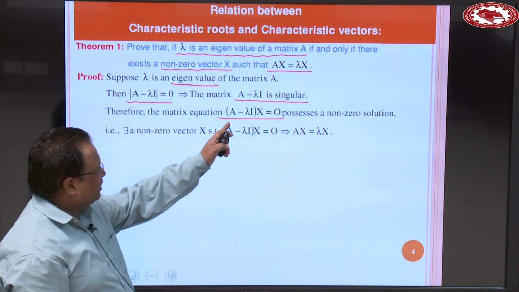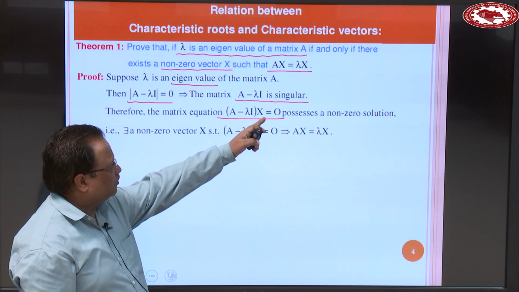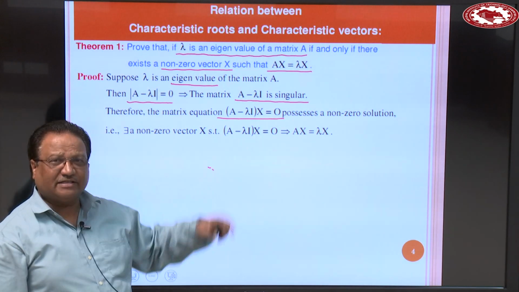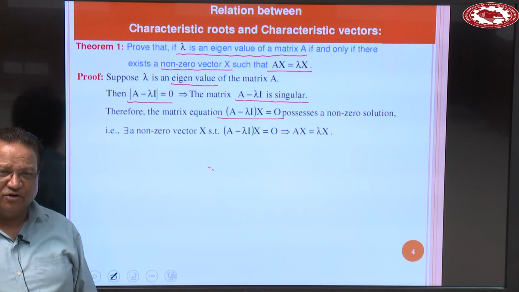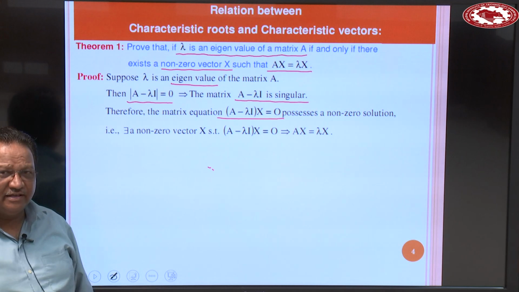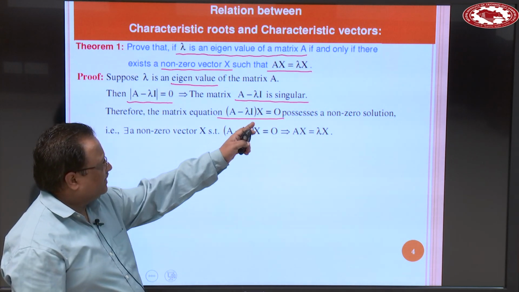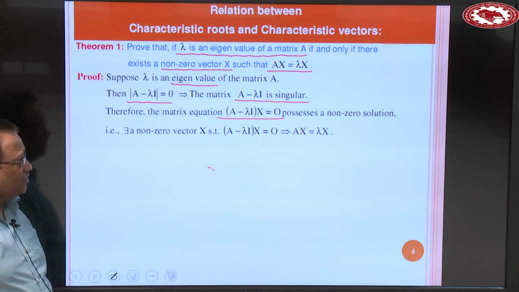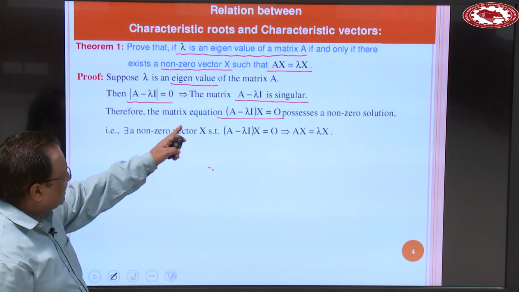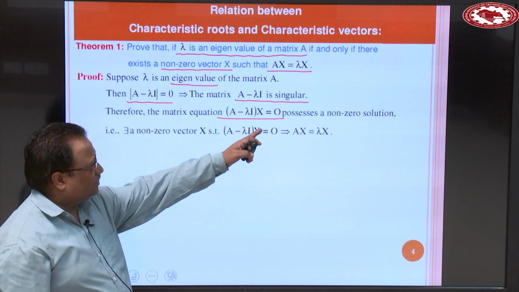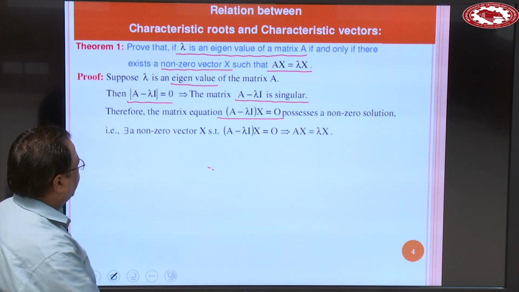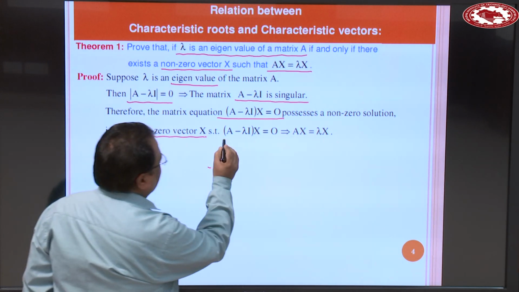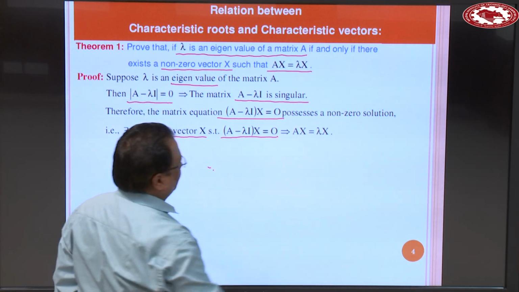This is a homogeneous linear system, so when you solve it, we get a non-zero value of x. This means there exists a non-zero vector capital X such that A minus lambda I x is equal to O.